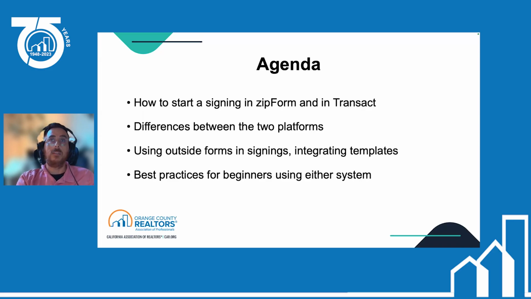Now, one piece of information that I can give you is, if you're not aware, the version of Authentisign that we have been using inside of ZipForm for the last couple of years is the exact same module that's in Transact. So there is no learning curve when it comes to using Authentisign, whether you're starting from Zip or starting from Transact. We've been using the new Authentisign for a long time now.